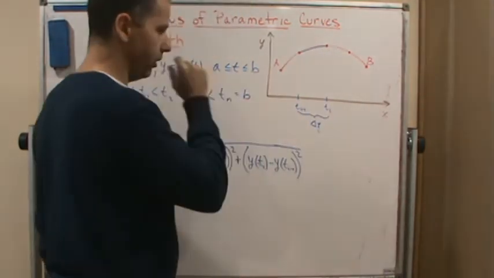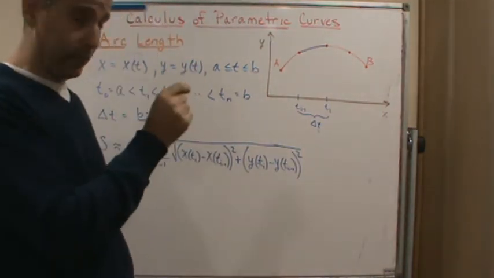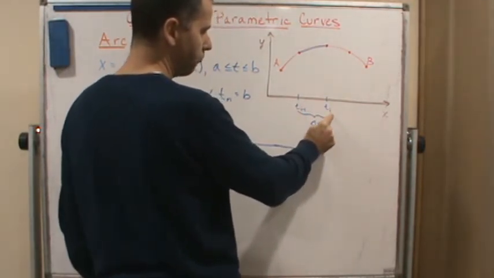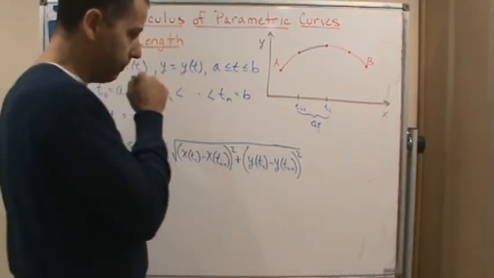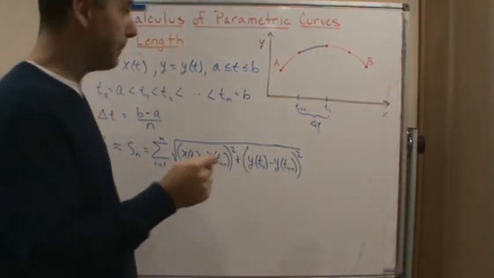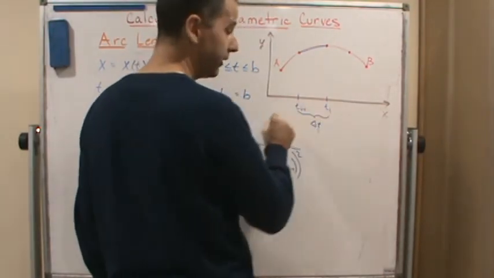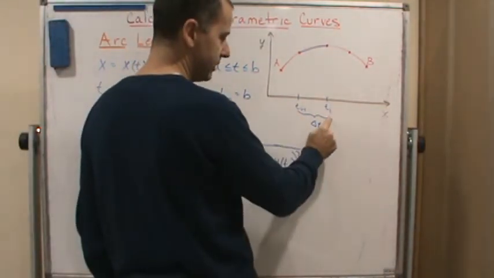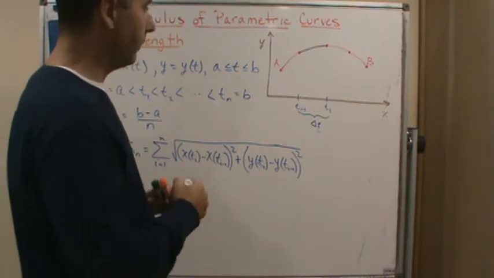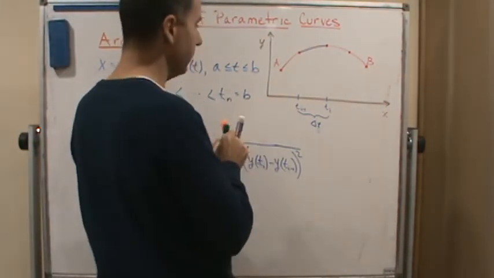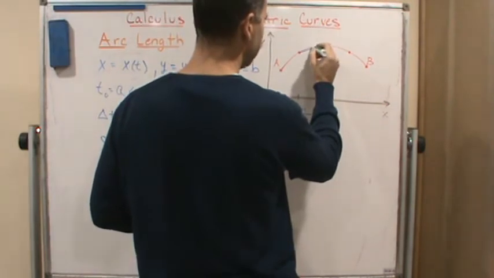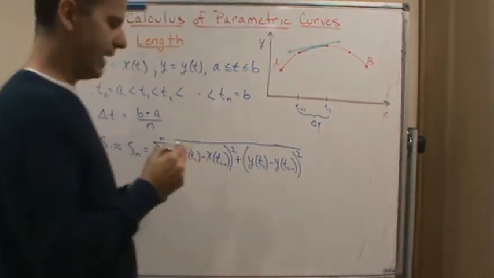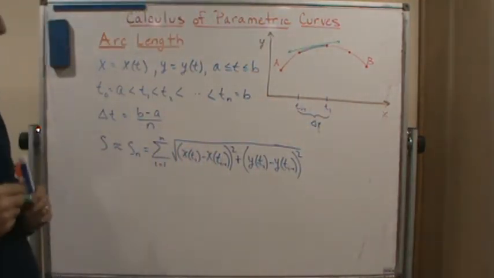If we have a closed interval from a to b, or in this case from t sub i minus 1 to t sub i, then there must exist a point somewhere on the open interval from t sub i minus 1 to t sub i such that the slope of the tangent line at that point is the same as the slope of the secant line.